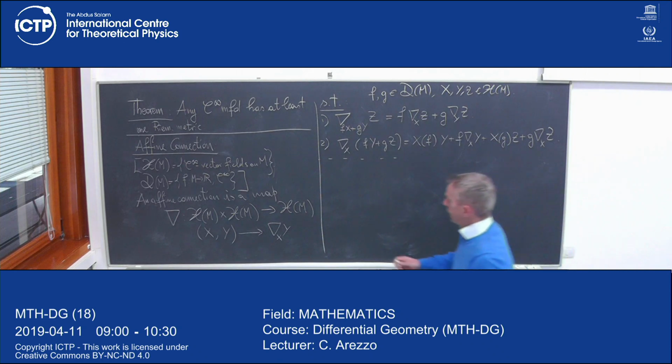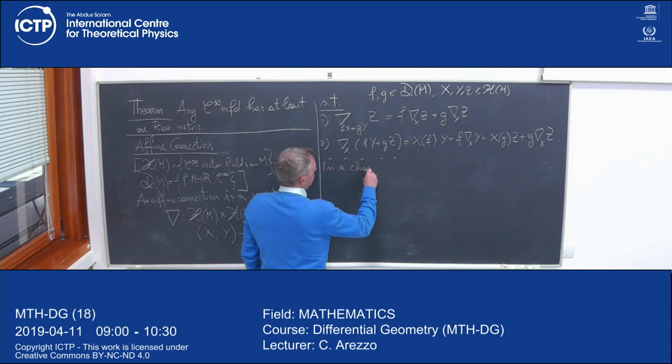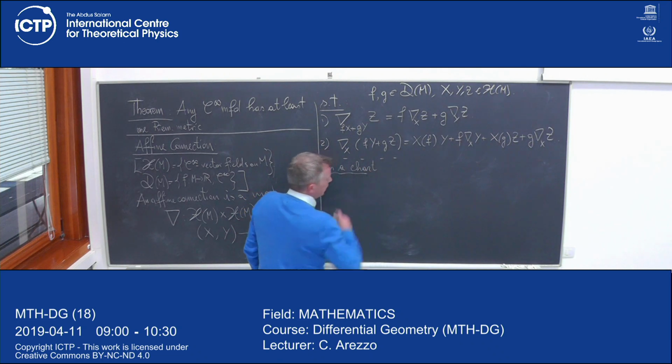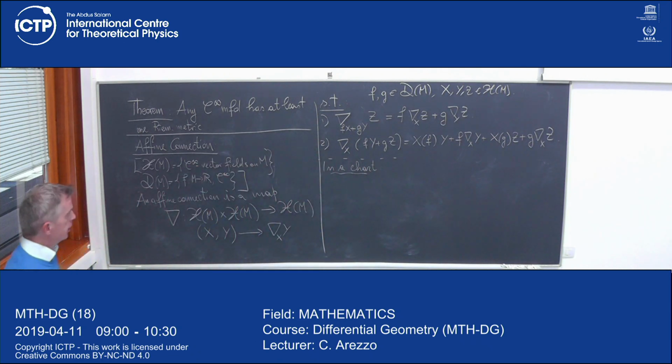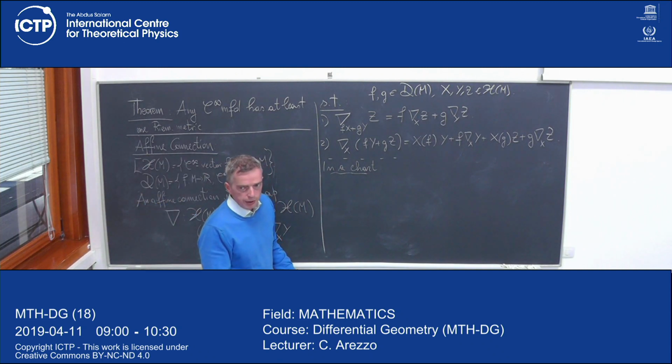So now, in a chart, what does it mean to know an affine connection? Well, in a chart, of course, I can take x and y and write them down with respect to the standard basis associated with the chart.